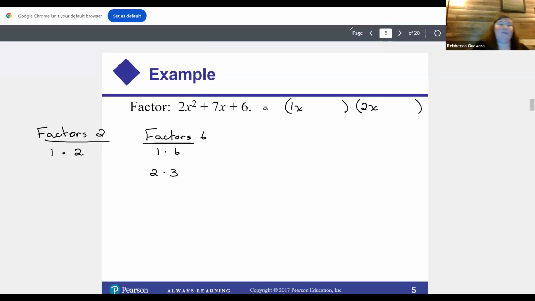Okay, I'm going to purposely do this wrong the first time. So let's say we put 6 here and we put 1 here. We're going to try this out. I'm going to get 2x squared, and then we're going to get x.